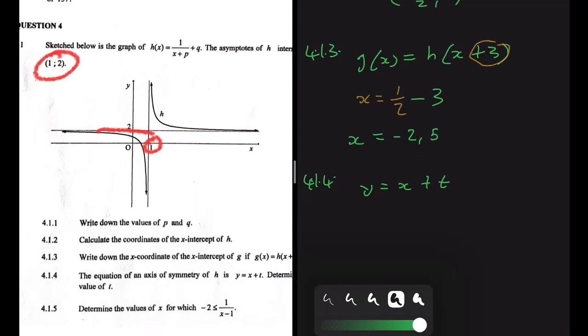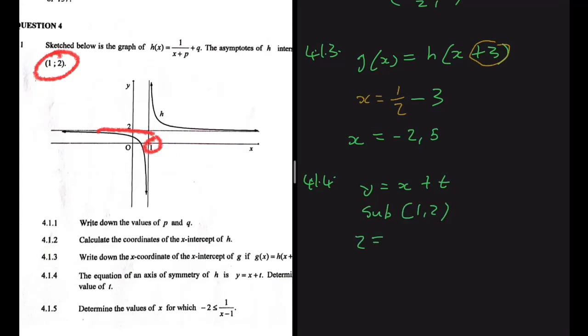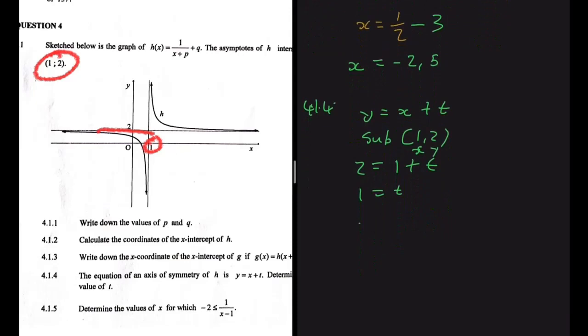That's the point you substitute if you want to find an equation of the axis of symmetry. So if we substitute that point, we get 2 equals 1 plus t, so 2 for the y and 1 for x. We get 1 is equal to t. So the axis of symmetry is y equals x plus 1, and we were just asked to find t, and there we have t. So I think we're good to go.